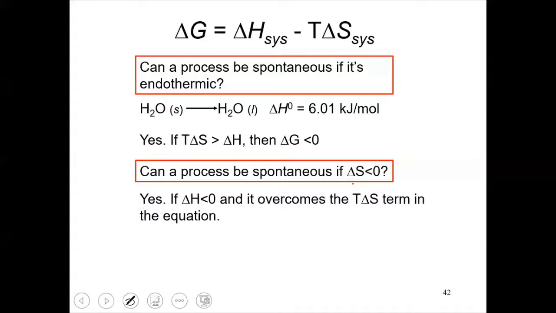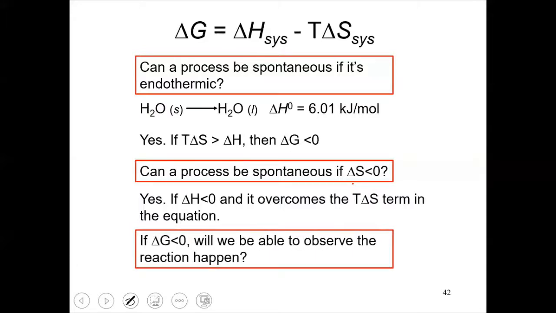Now, this is a very important one. If delta G comes out to be negative, does that mean we'll be able to observe the reaction happen? That's right. Delta G being negative just means that the process is spontaneous. It doesn't mean that it's fast.